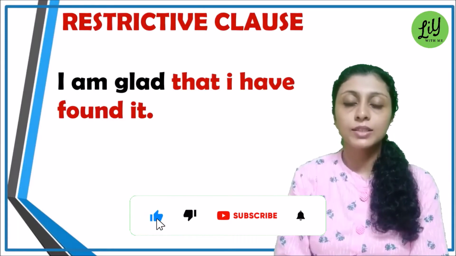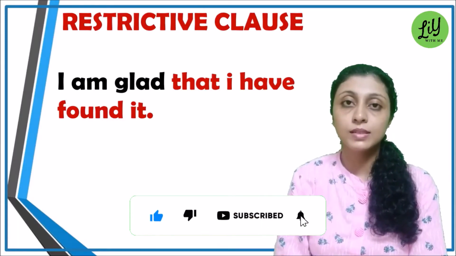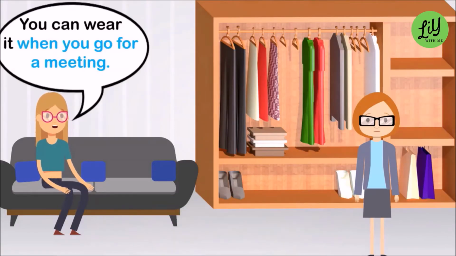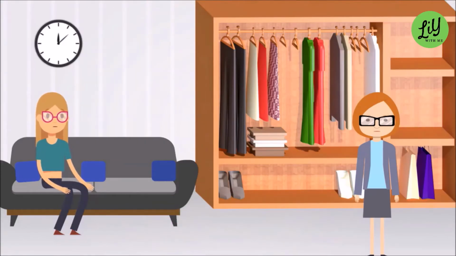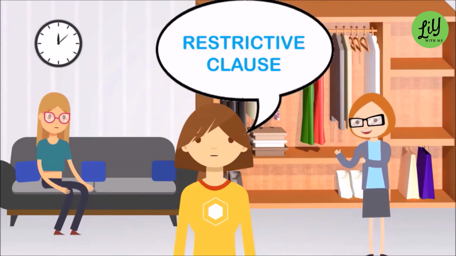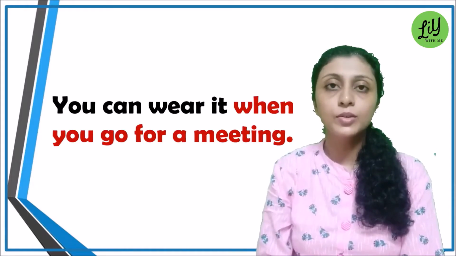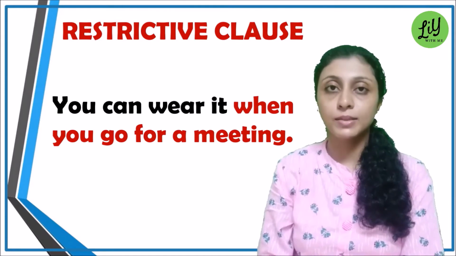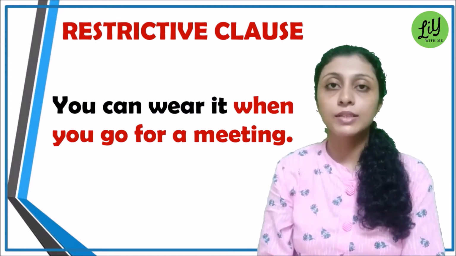You can wear it when you go for a meeting. Restrictive clause. So over here, when is used to refer to a particular time, that is when she goes for a meeting, and it is a relative clause.